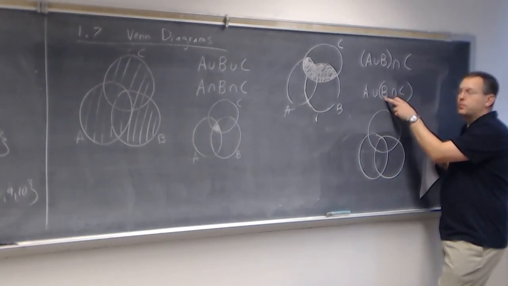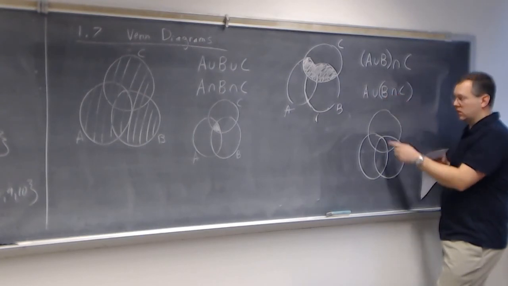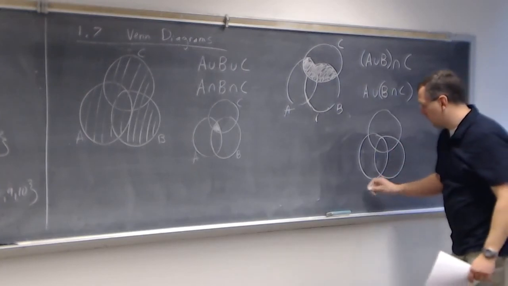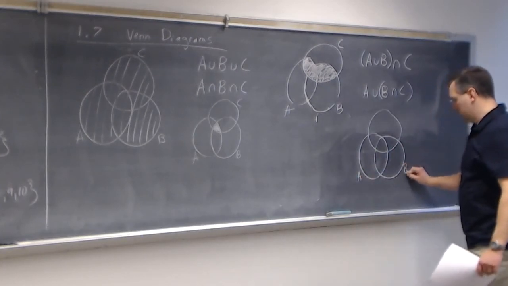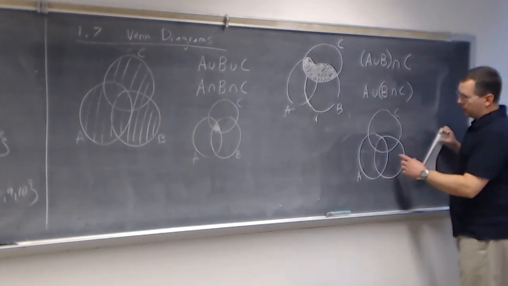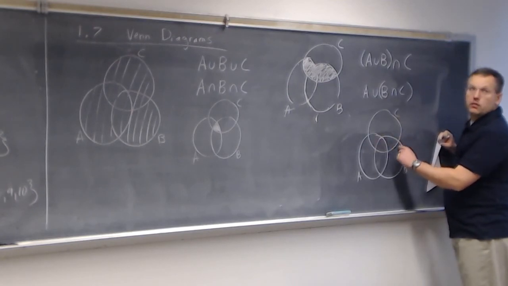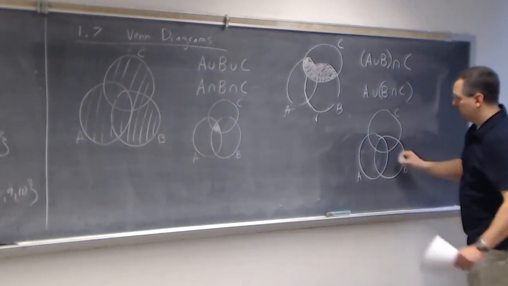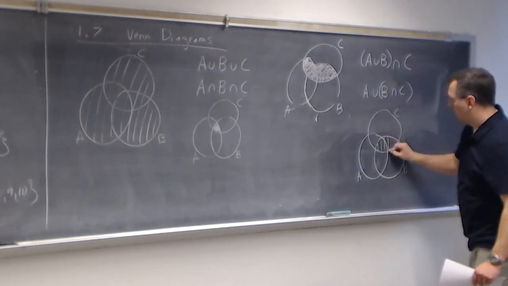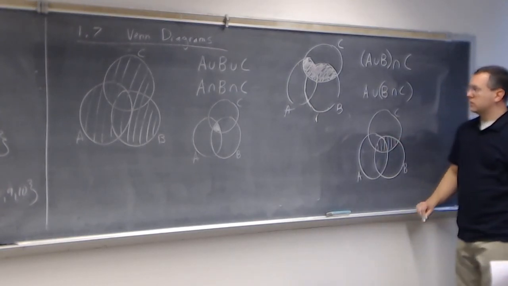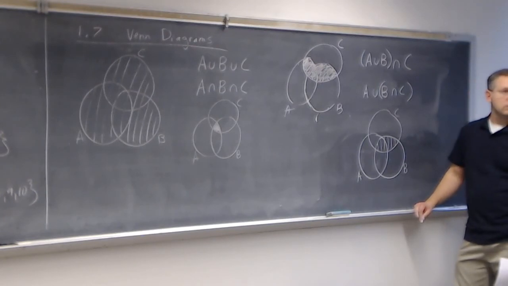Those are the elements in B and in C. Oh, I burned the label. How about that? B intersect C is this football-shaped wedge right here. All right, this is B intersect C. Right? Okay.